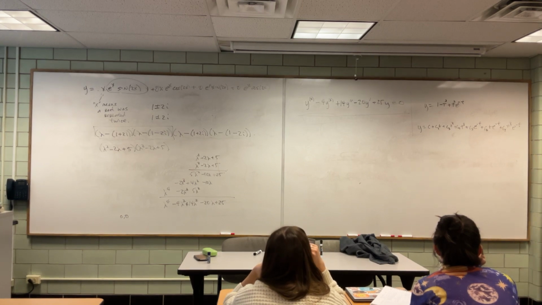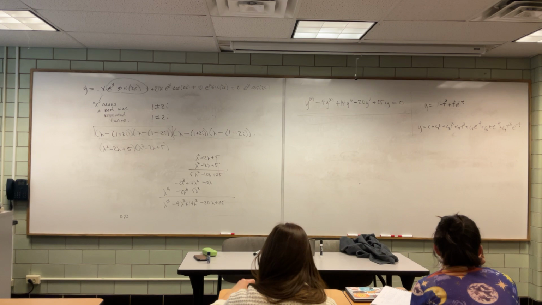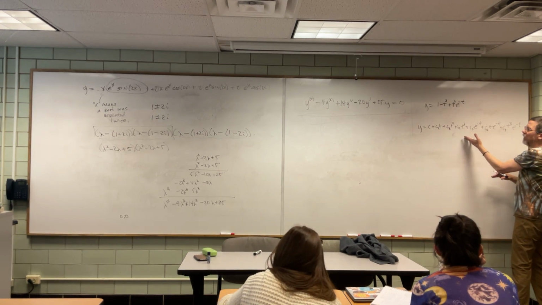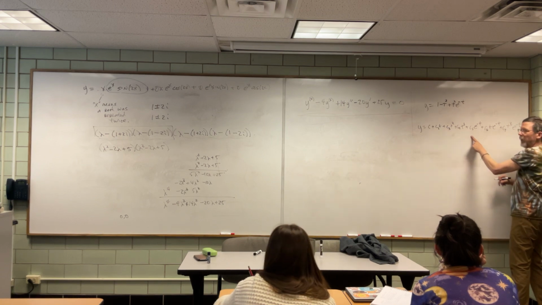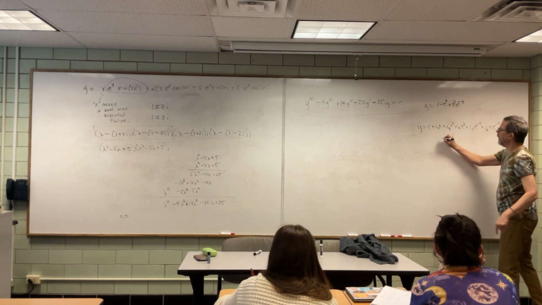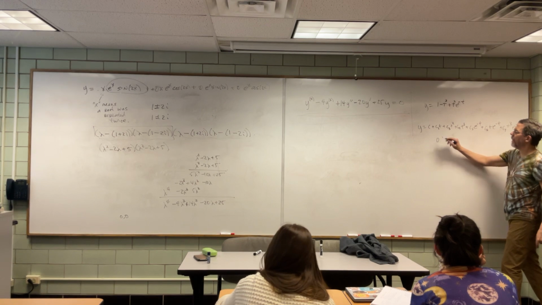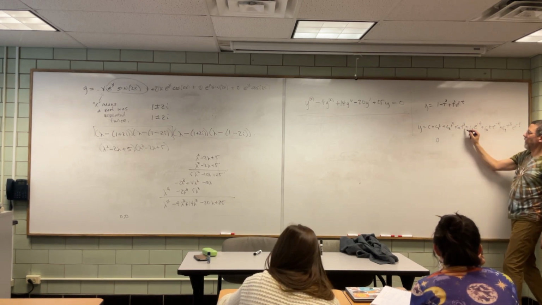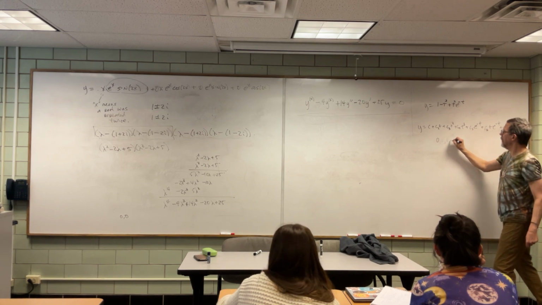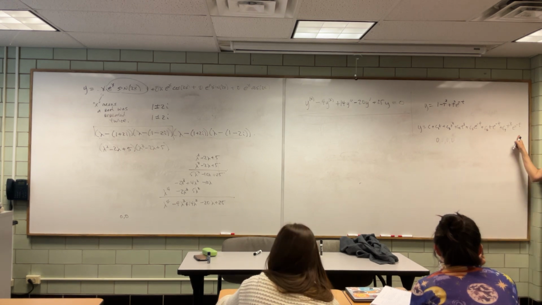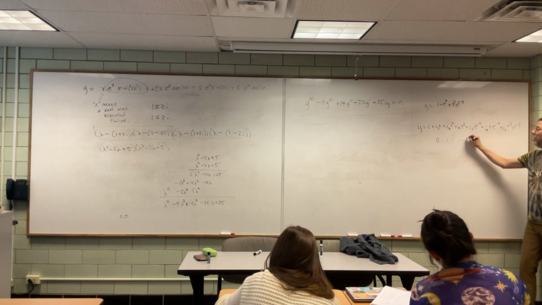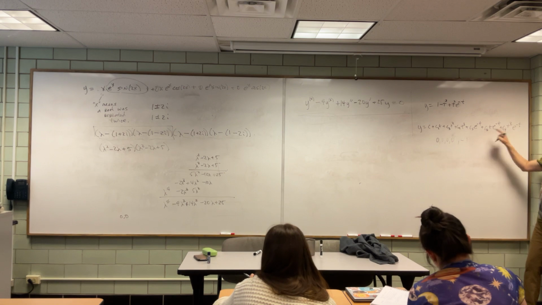Got it. Does that help? Yeah, cool. What are my roots here? What's this whole thing correspond to? 0. 0, how many times? It would be 4 times. Yep, 1, 2, 3, 4. What about this? What root? -1, how many times? 3.